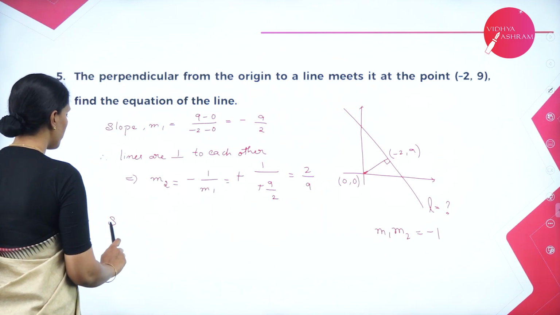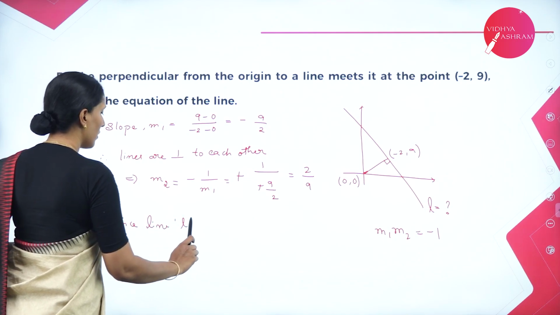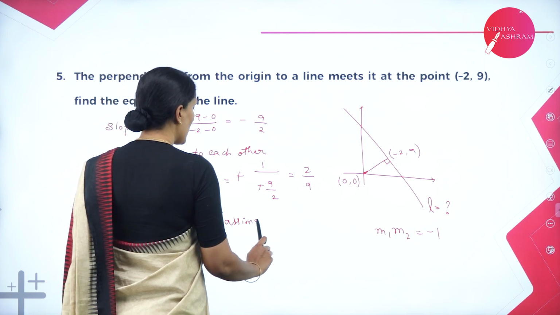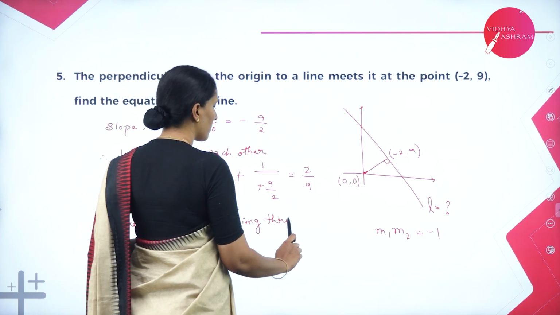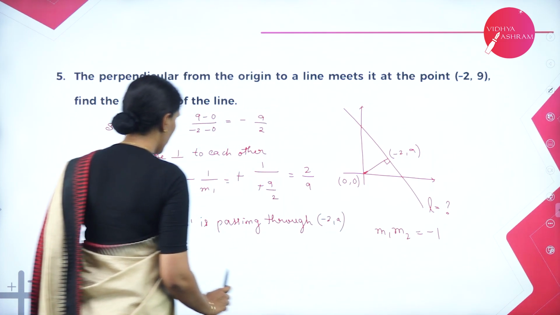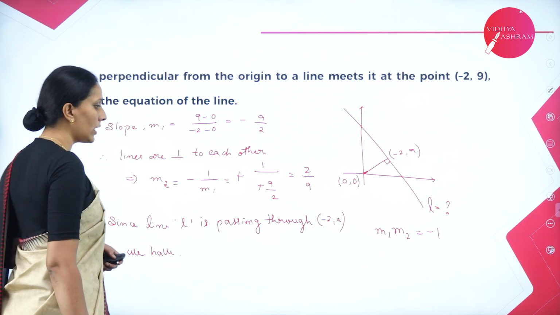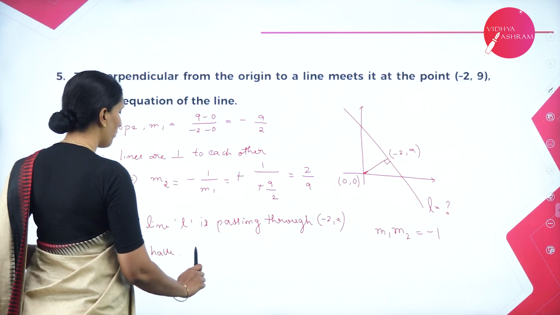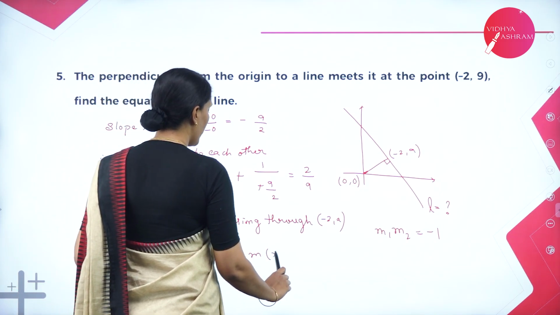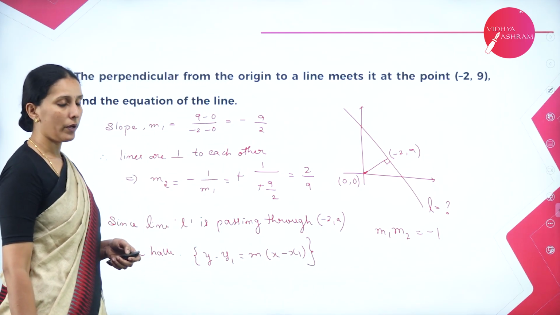Now since line L is passing through minus 2, 9, we have the equation of the line in the form of y minus y1 is equal to m into x minus x1. So this is the required form of equation of the line.